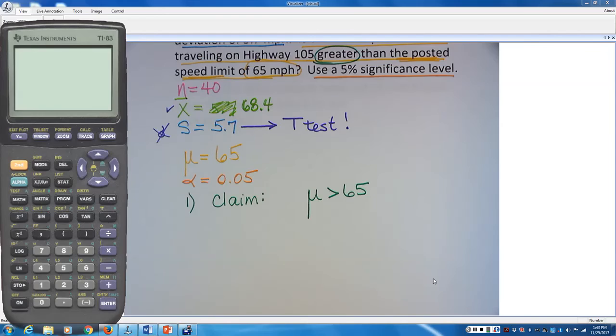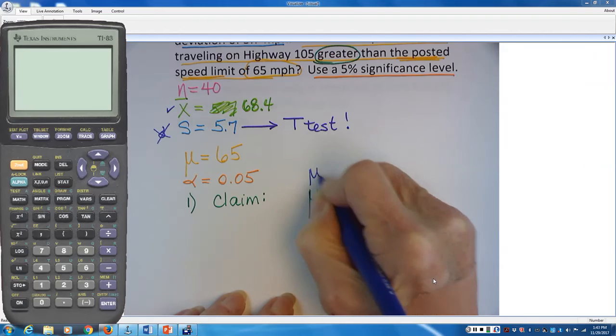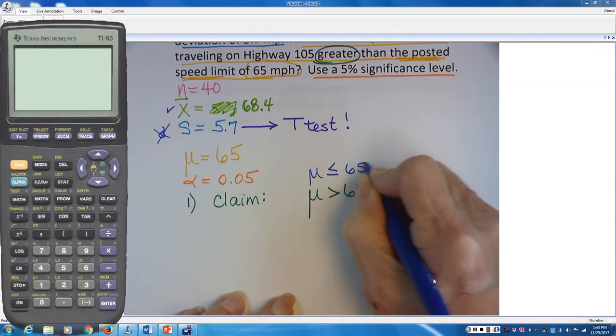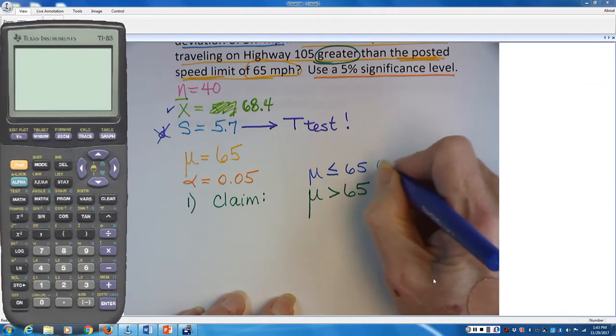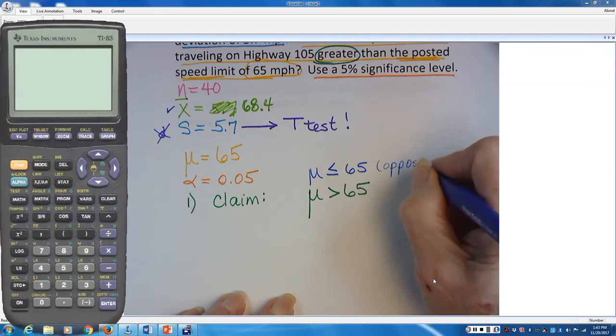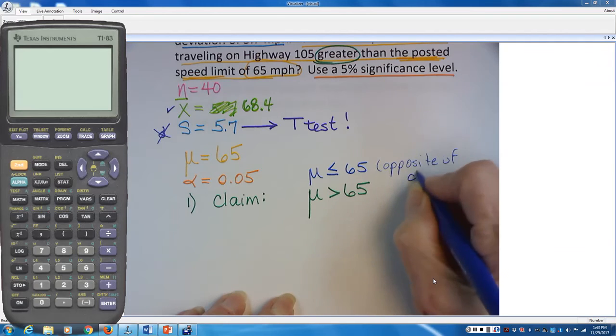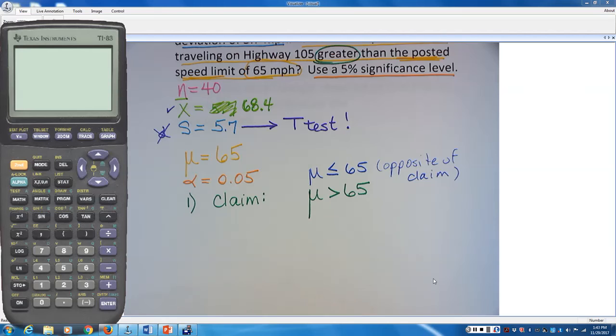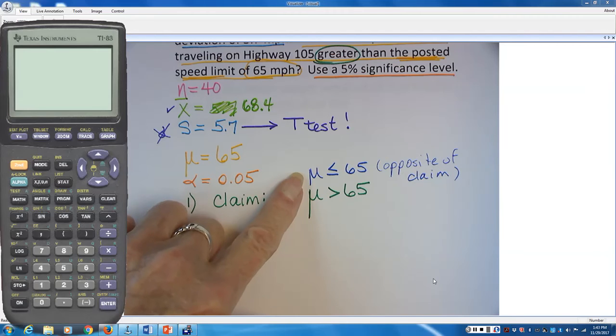If that's not true, what is true? Okay. So now that we know that, which one of those is H0 and which one of those is H1? Is this H0 or H1?